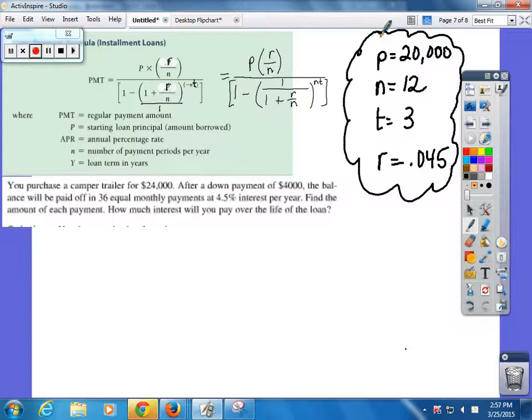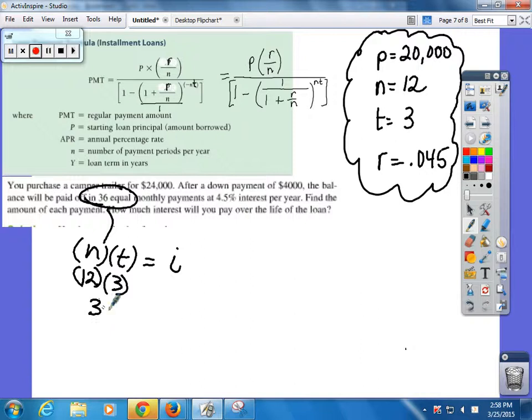Take the calculator, and for those of you the other day, they are going ahead and calculating using N and T. This right here, they're saying N times T, and that's equal to some form of I. N times T is 12 times 3, which is 36.